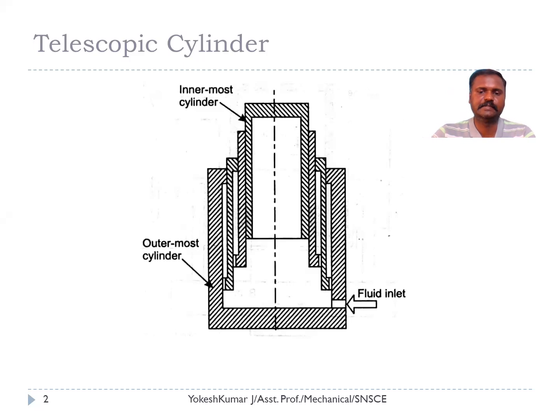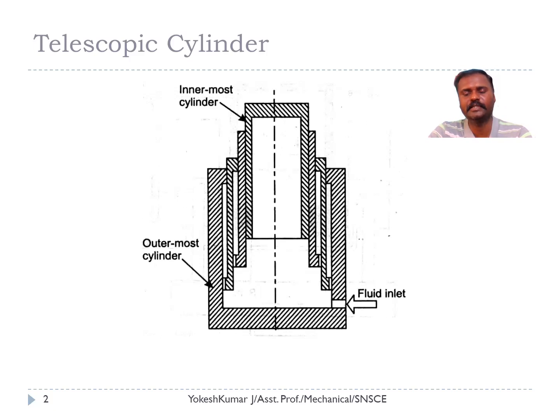Since this is a vertical cylinder, we need to give hydraulic pressure to make an extension. For the retraction, we need not give any hydraulic force since it is a vertical cylinder. The gravity force itself assists the retraction of the cylinder. We just need to drain the oil at the bottom, and it will make a retraction of the cylinder.